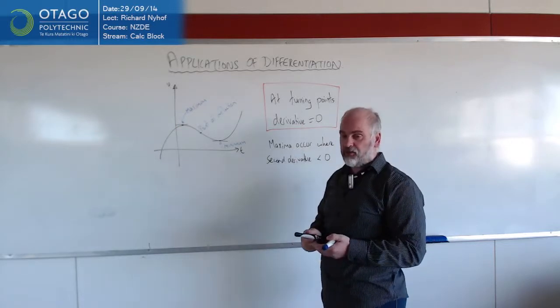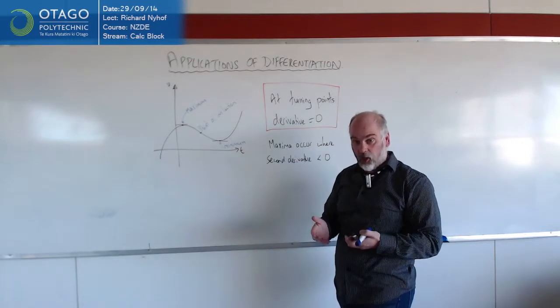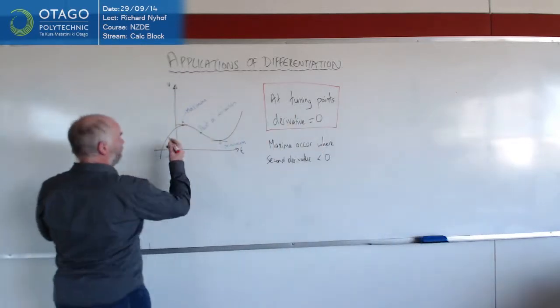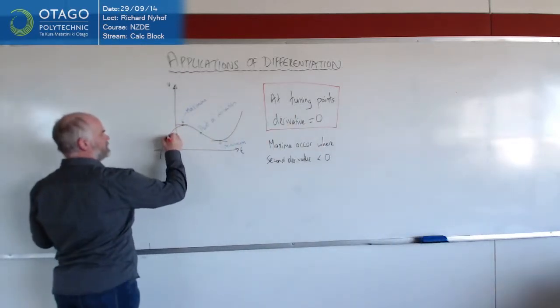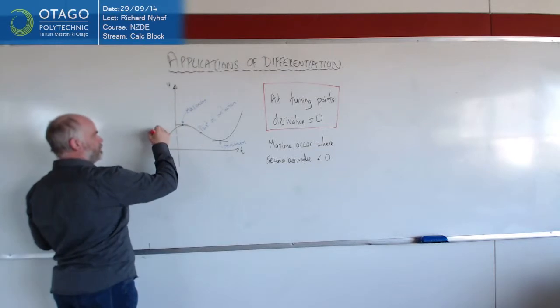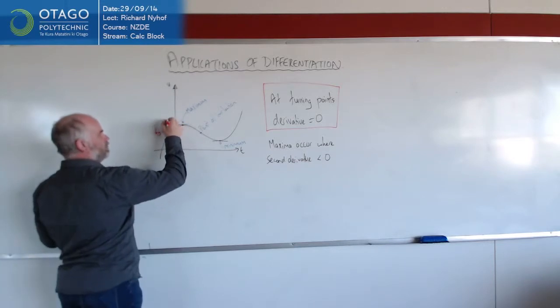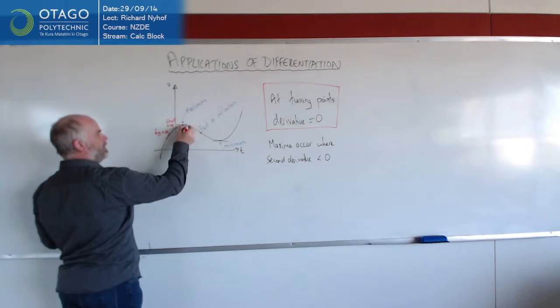The second derivative is how the slope is changing. If you look at this point here, on this side of it the slope is high and positive, so it's a big positive number. And then here, it's a small positive number. And here, it's a small negative number.